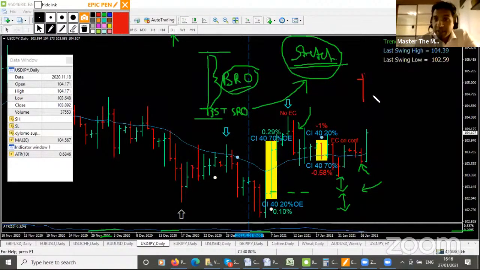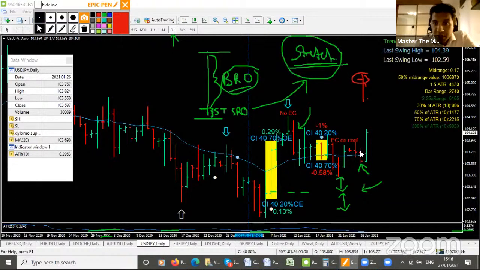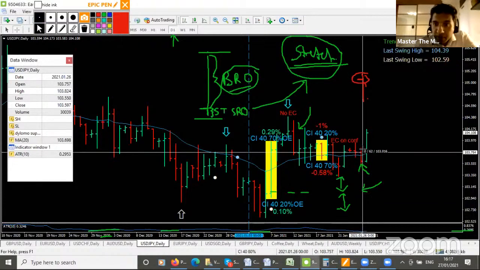Is it to the upside or to the downside? Some of you are already typing into the chat box. Most of you probably got it: the nearest extreme to the open, the smaller range from the open, is to the upside, isn't it? If I measure from the open to the high, that's 6 pips, isn't it?